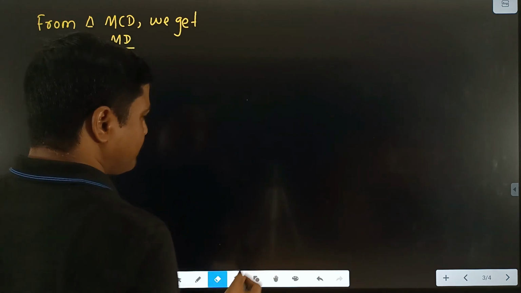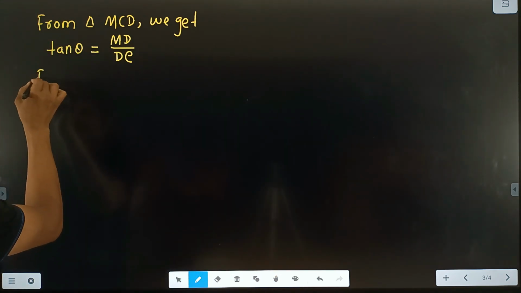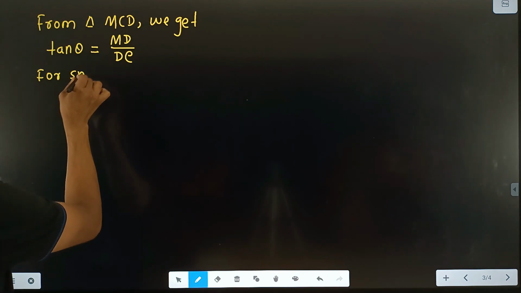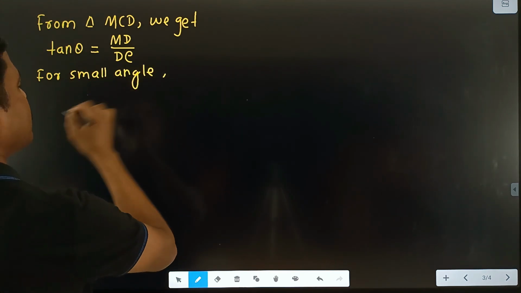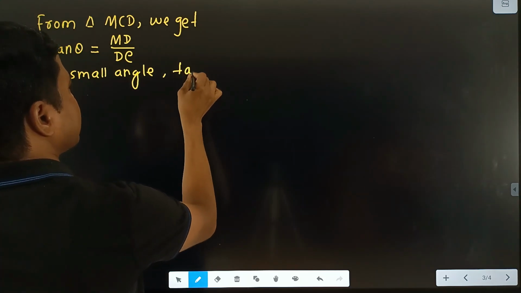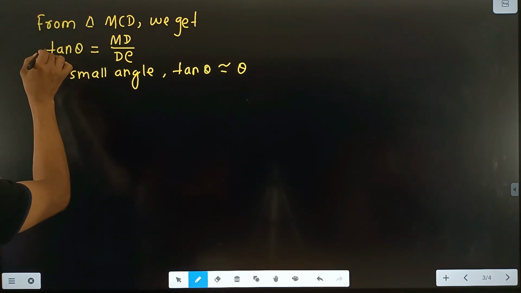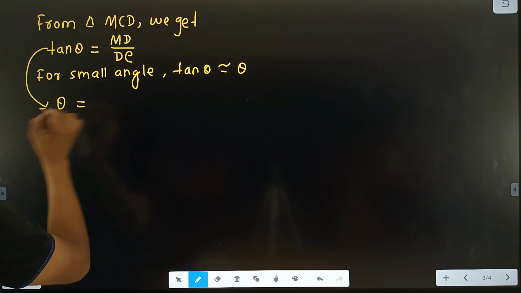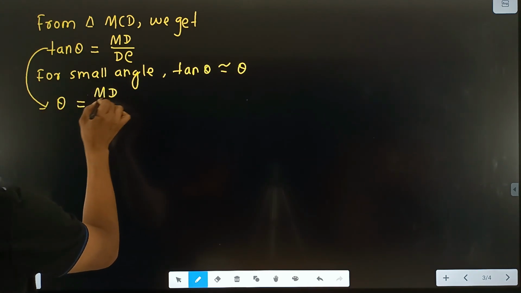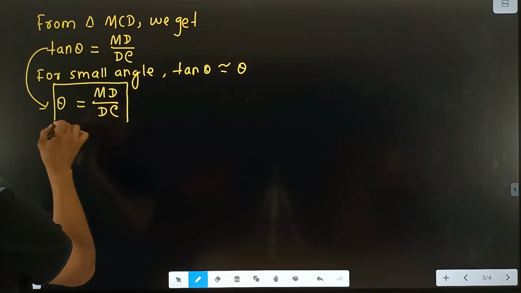So for a small angle, tan theta is approximately equal to theta. So this expression becomes theta equal to MD divided by DC. This is equation number 1.